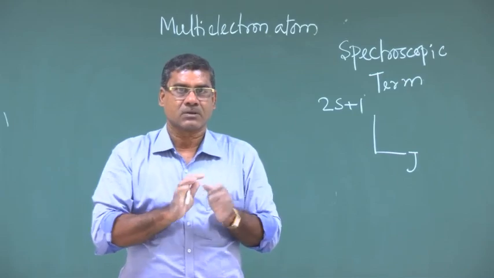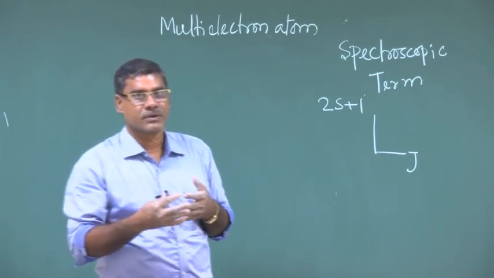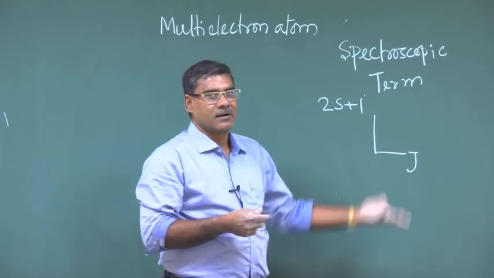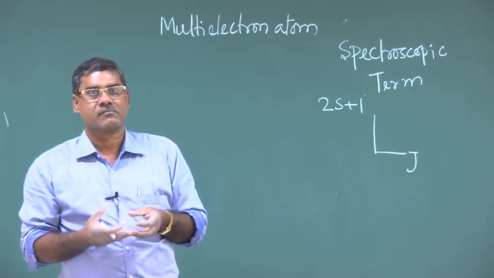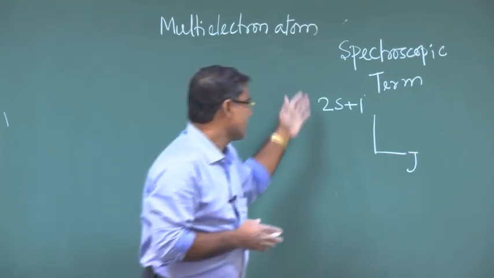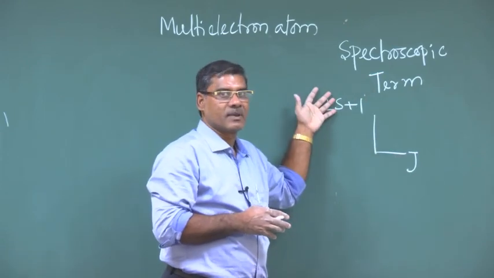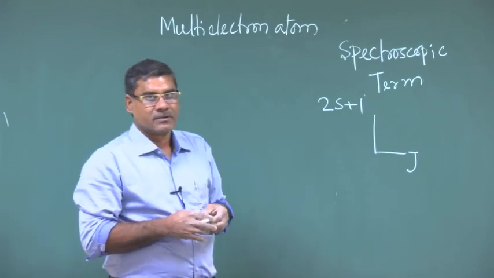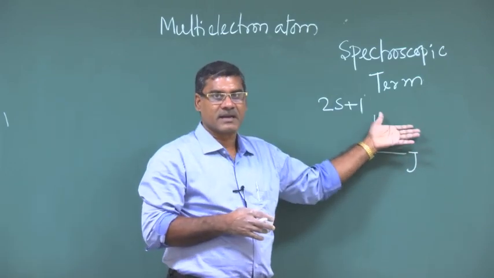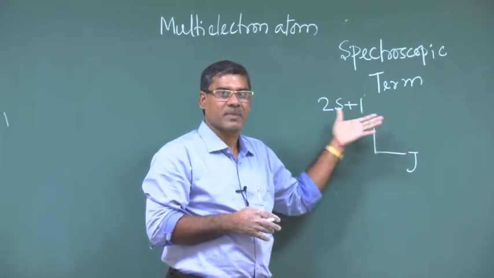This is just the language we modify here as the state of the atom. These are the spectroscopic terms we used for the single electron system, which represented the state of the electron, basically the state of the atom.